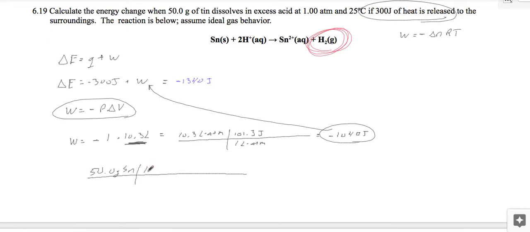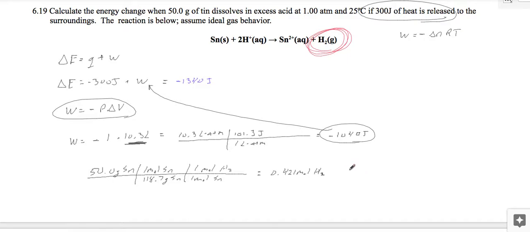And then 1 mole of tin is 118.7 grams of tin. 1 mole of tin gives 1 mole of hydrogen, which gets us 0.421 moles of hydrogen.